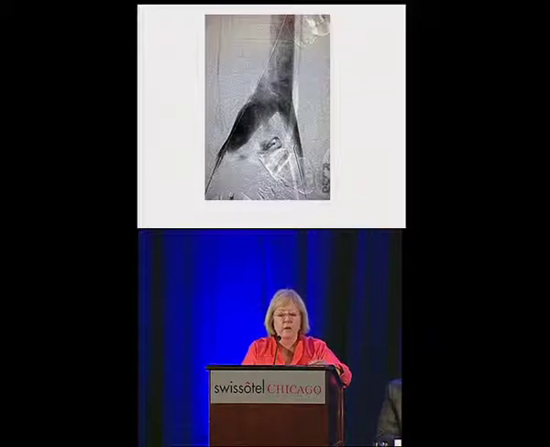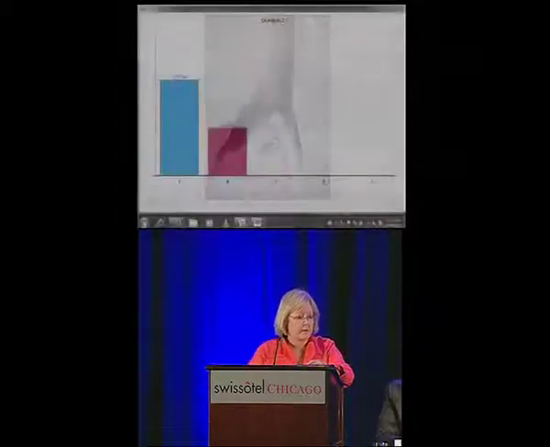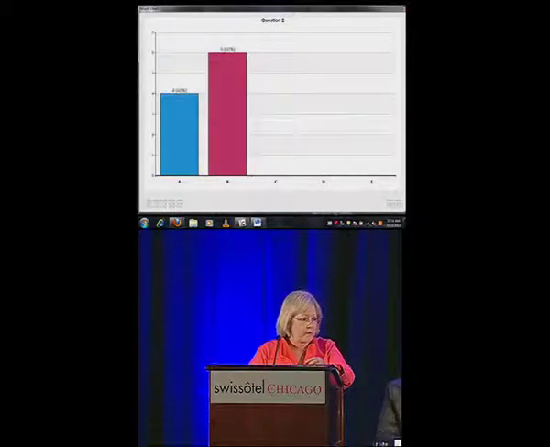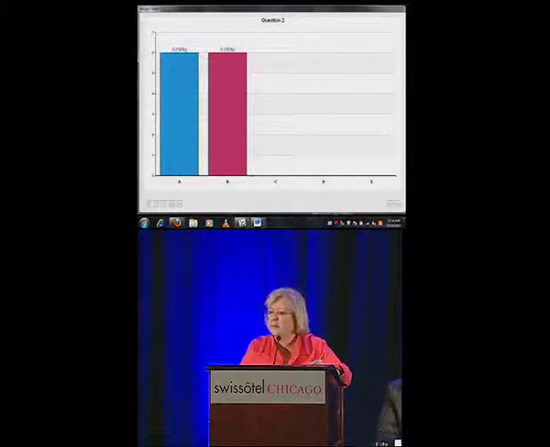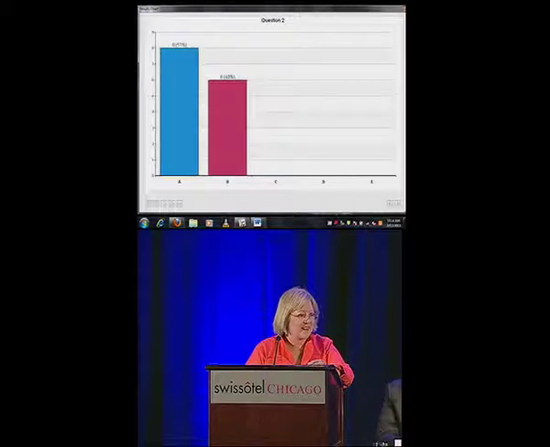Say A, you would treat it, B, you would not treat it. Surely there are more than 12 people here. Is everybody voting? Okay, so just a few more people would not stent it than would stent it.